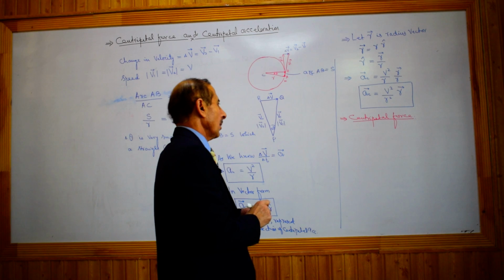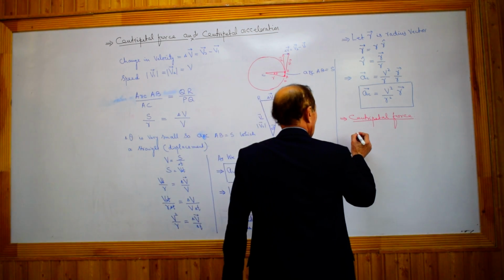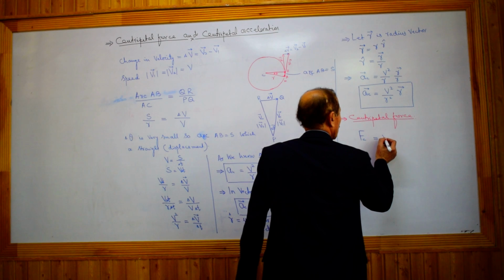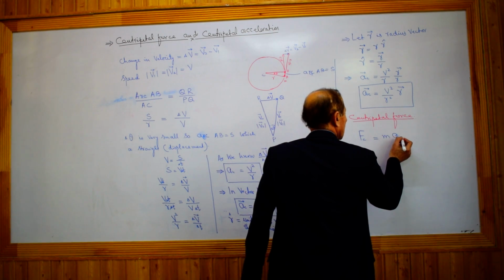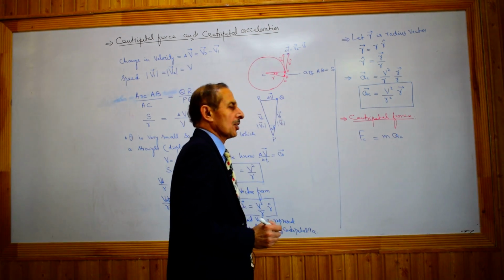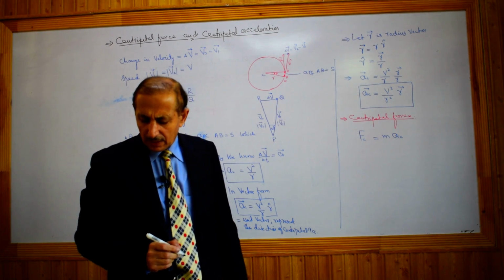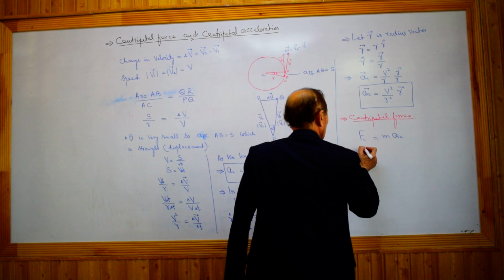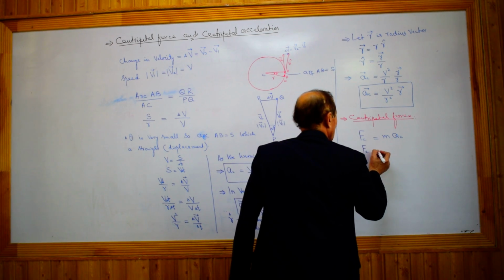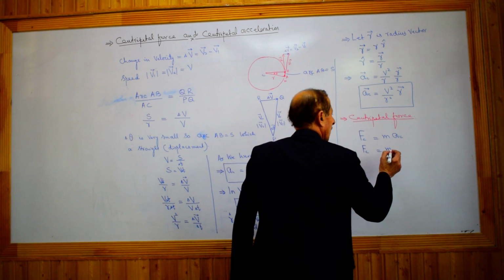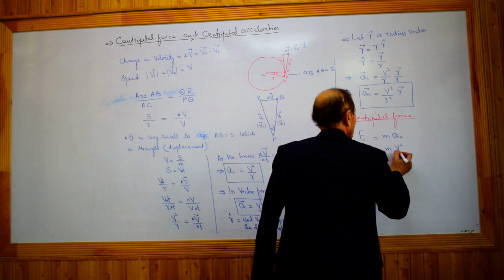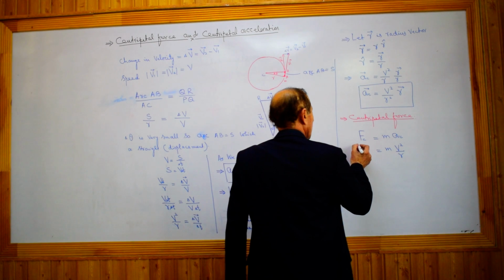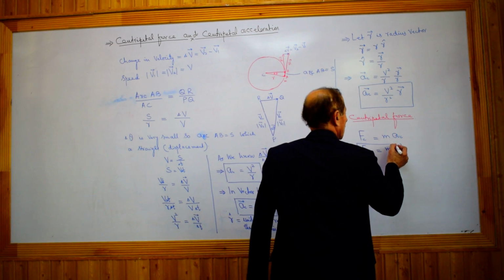So we can apply Newton's second law of motion. So centripetal force is equal to ma. This acceleration must be the centripetal acceleration. So putting the value of a here, F_c is equal to m v square divided by r. So this is the magnitude of the centripetal force.